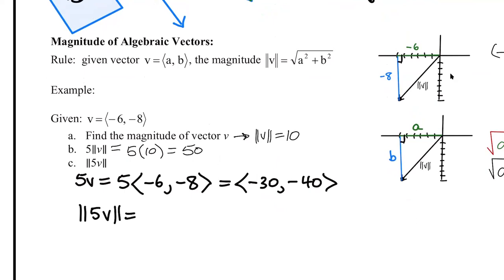And I definitely don't want to plot -30, -40, although it wouldn't be too terrible, right? So the square root, I really didn't need it to be that long, but whatever. So -30 squared plus -40 squared.